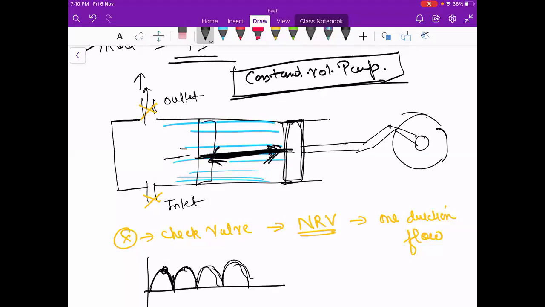So every time the amount of fluid it is pushing is constant. That is why it is known as a constant volume pump. Okay, you can write this actually.